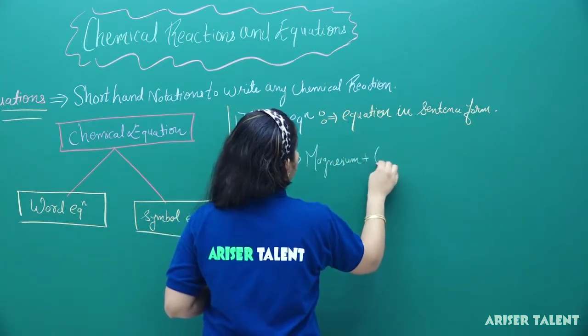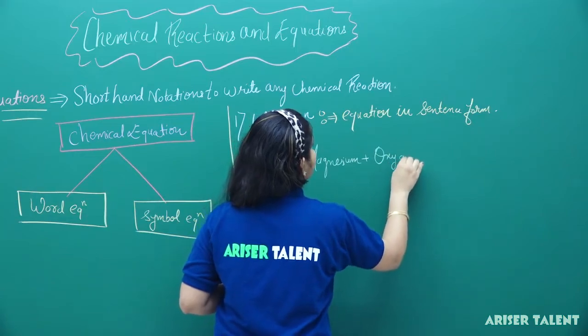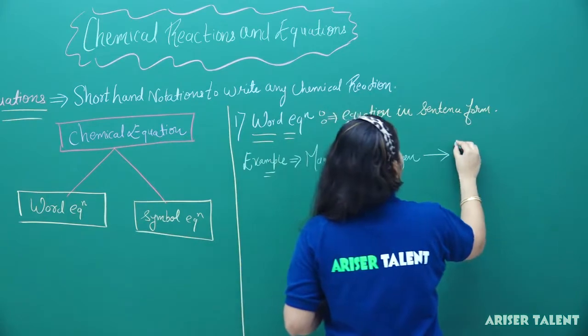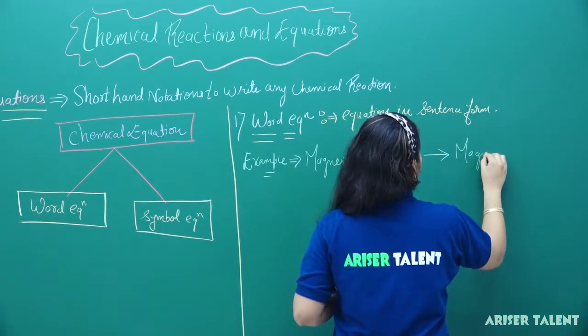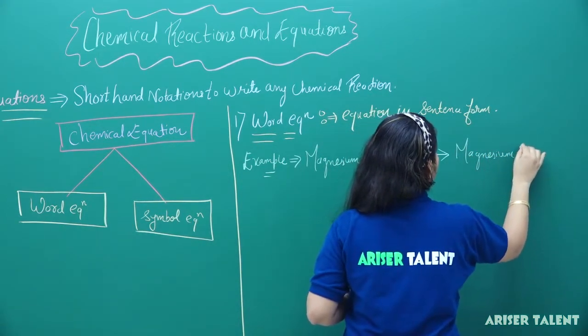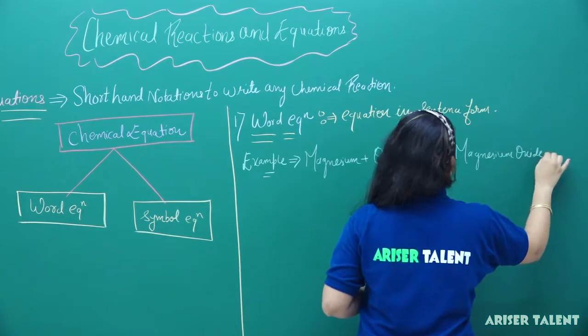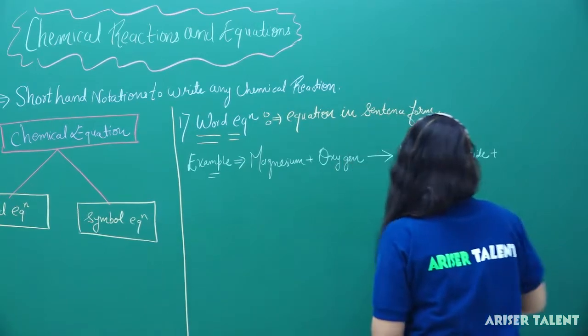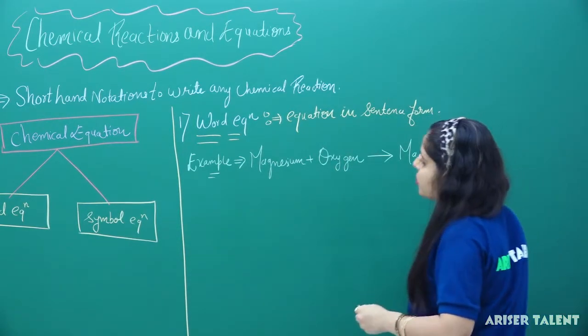Magnesium burns in a white dazzling flame. It will produce magnesium oxide. Mg plus O2 will give us MgO2. So, it is basically the magnesium oxide.